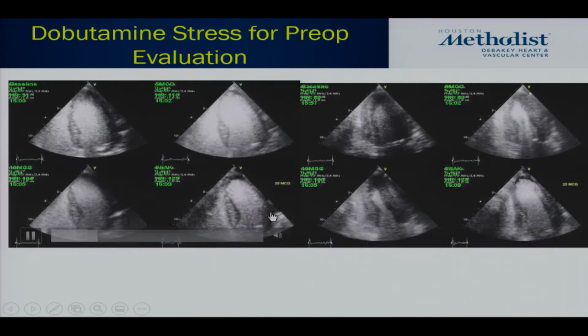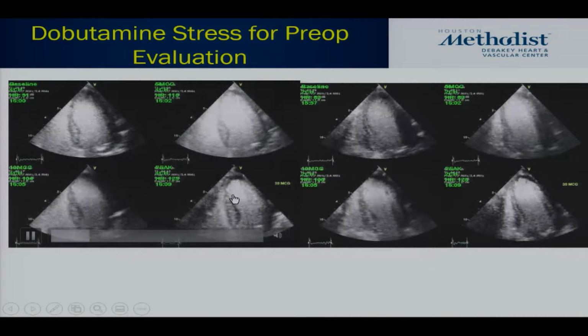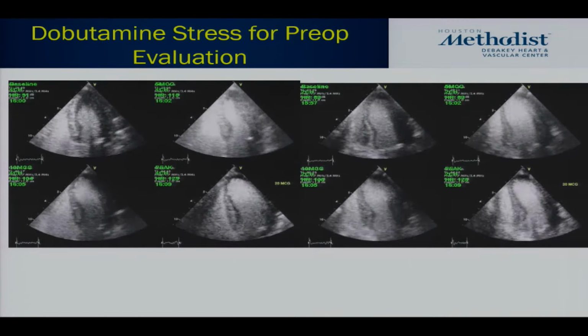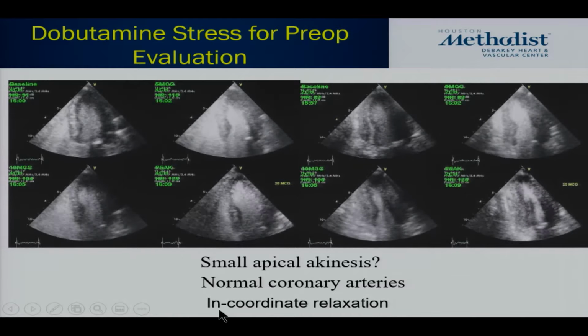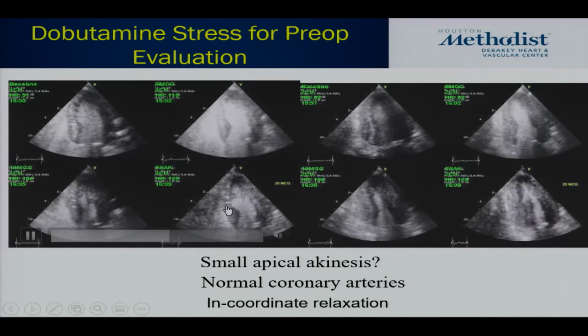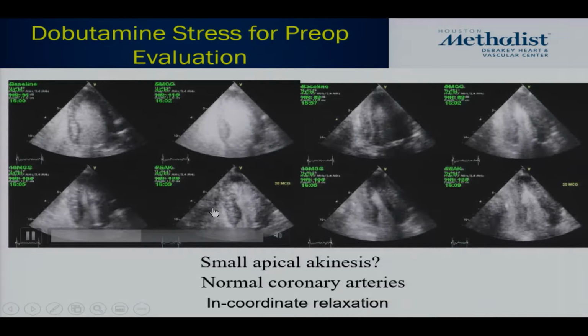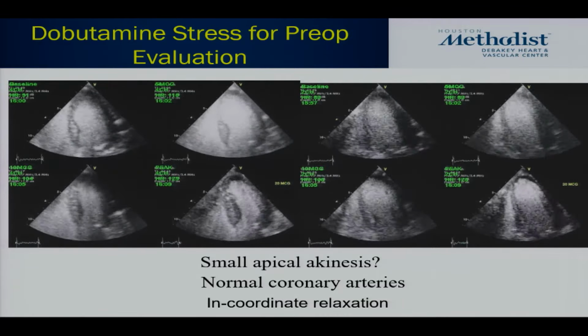Right here. That's in early diastole. So actually what this is, is incoordinate relaxation. This segment is relaxing a little sooner than the other ones. So you have this in very early diastole, this wave.